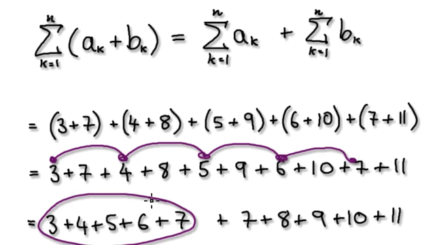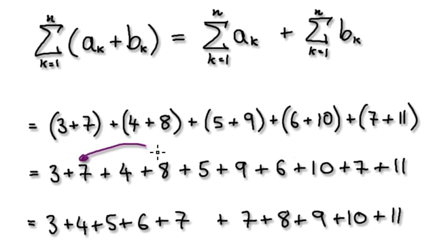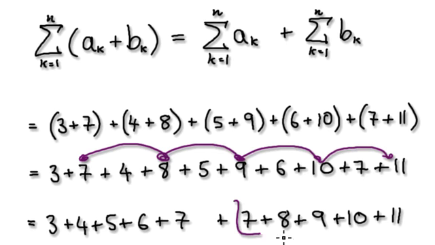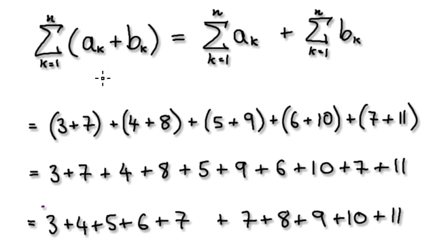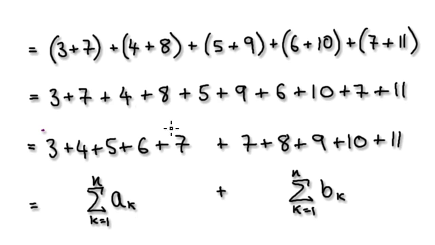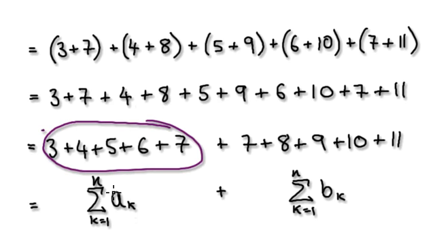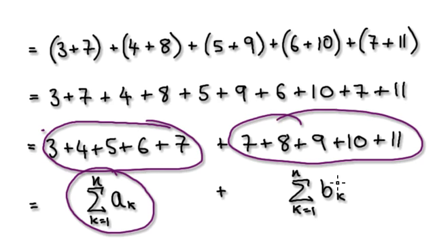So that's all this here, and then all these here would be this here. It's really just you separating the two. If you sum up this thing here, that's the equivalent of doing this, and summing up all of this here is the equivalent of doing this.